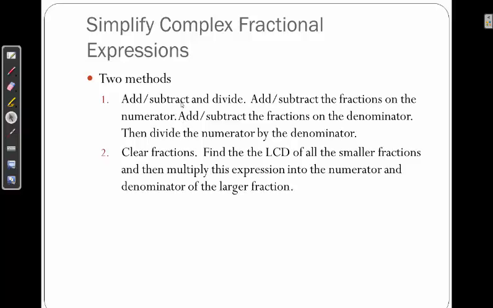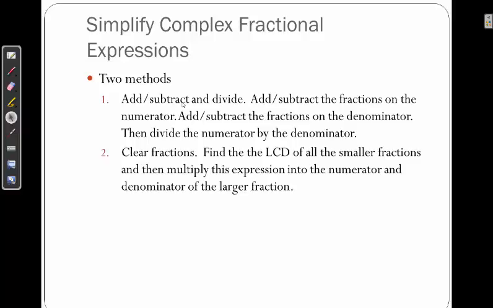So if you have rational expressions within a large fraction, you want to combine, through addition and subtraction, the rational expressions on the numerator. You want to combine the rational expressions on the denominator. Then you'll have one rational expression divided by one rational expression. So you can just do that division like we did in the previous video.